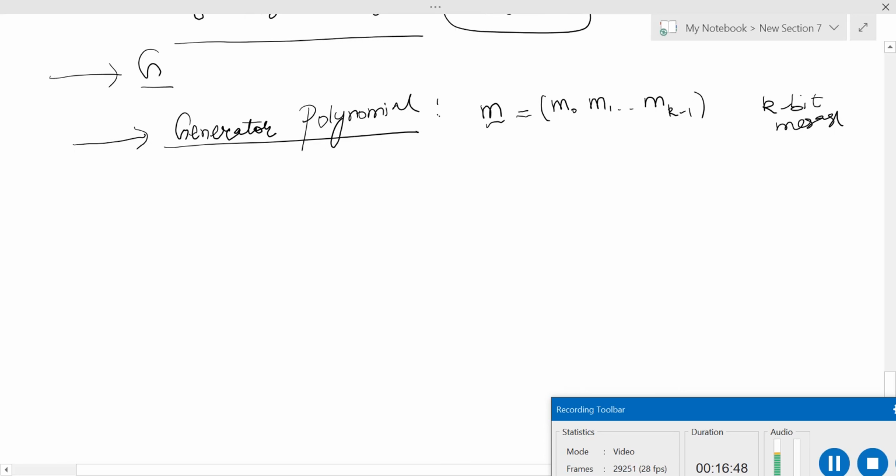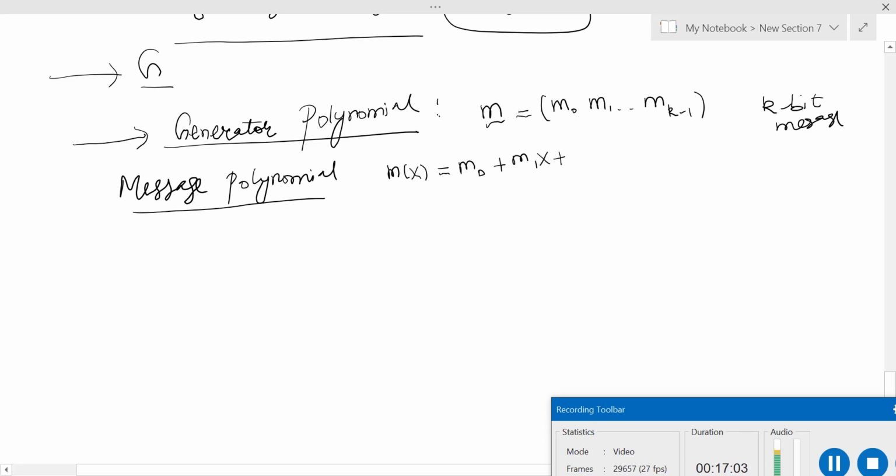Corresponding to this message we will have a message polynomial, represented as m of x equals m0 plus m1 x plus m2 x square plus up to mk minus 1 x to the power k minus 1.